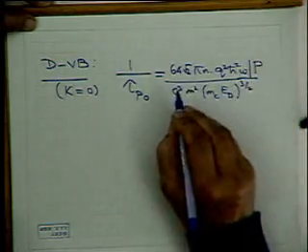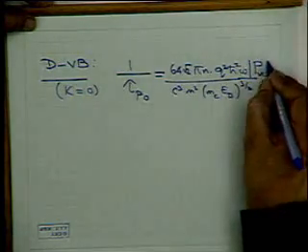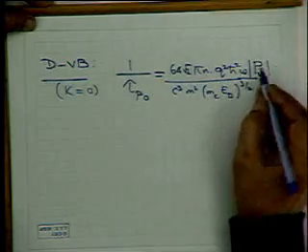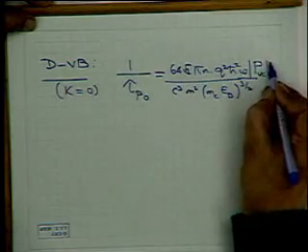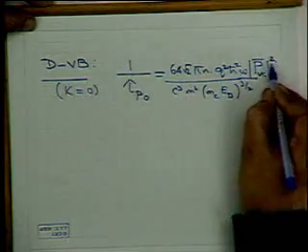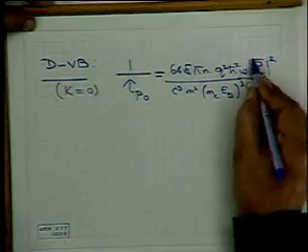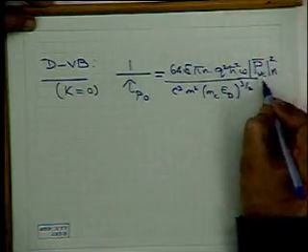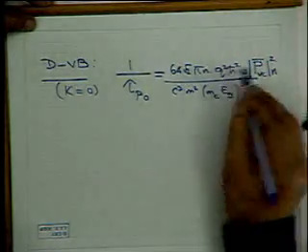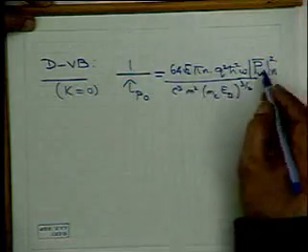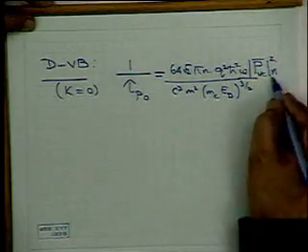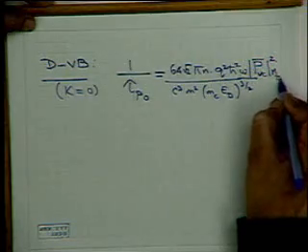This is the matrix element PVC squared for transition from the conduction to the valence band, times ND.